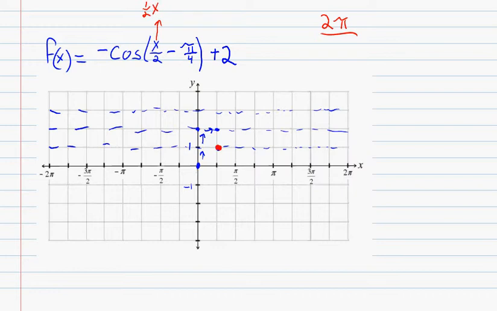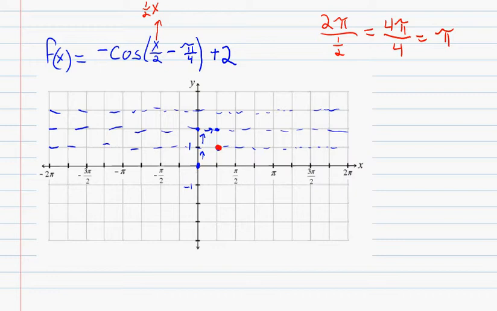So our b is 1/2, so we're going to divide by 1/2, which is the same as multiplying by 2, and I equal 4 pi. So it means my period is going to be 4 pi. And now what I need to do is I need to figure out my important parts, so I divide this by 4 equals pi. So now I just have to keep going over pi.